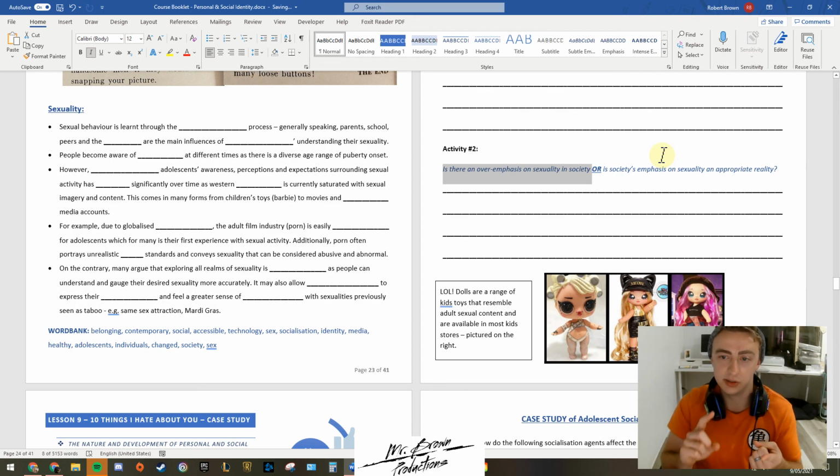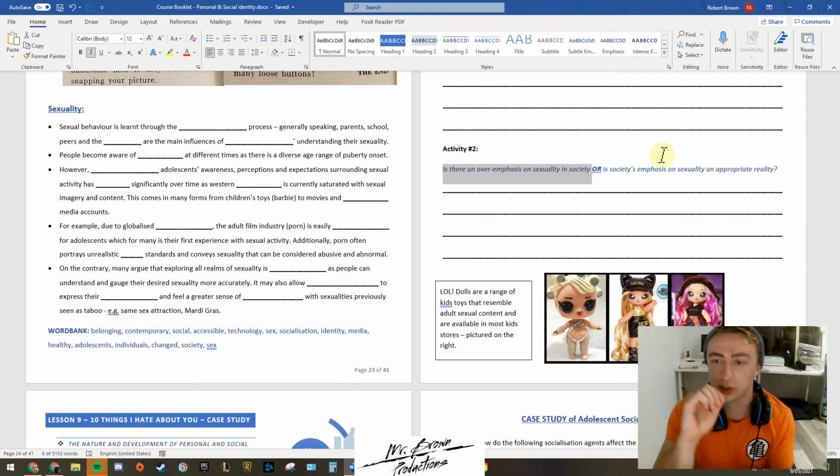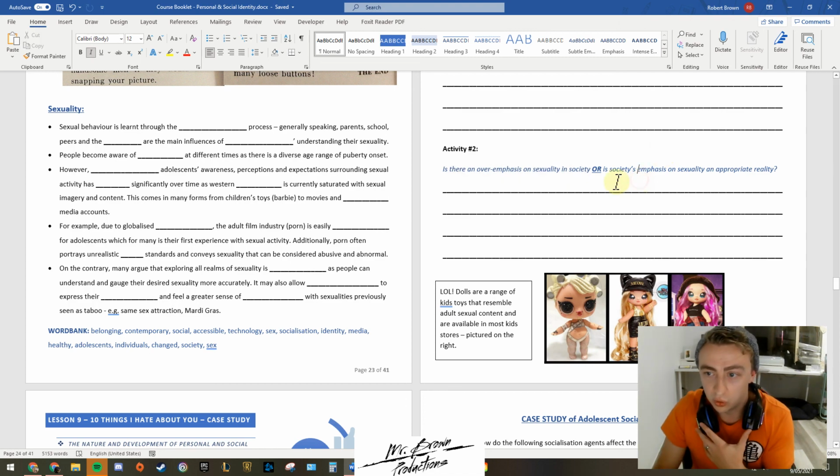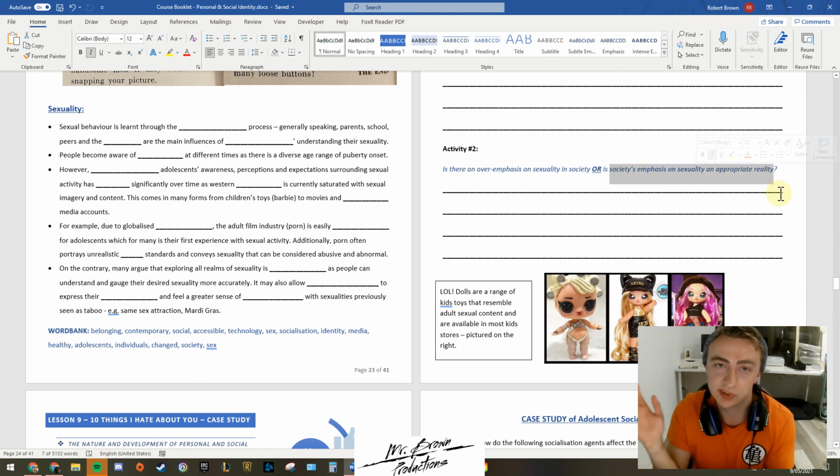So the idea that, do you think that society, so things like social media, music, movies, TV shows, all the sort of news that you're saturated with daily, do you think that society is putting that overemphasis of sexuality and sexual behavior on Western culture, or do you think that the emphasis that society is obviously putting on sexuality and sexual behavior is appropriate?